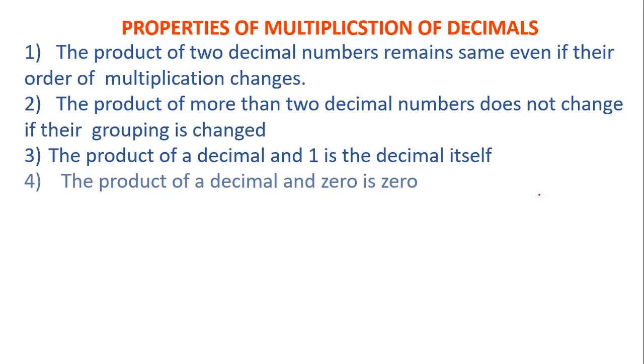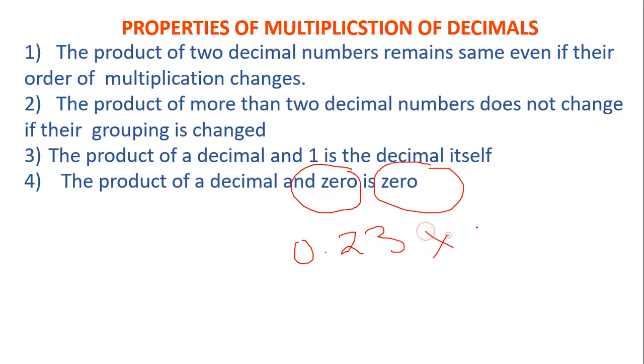Next, the product of decimal number and 0 is 0, which means when we multiply the number 0 with any decimal number, the product is also always 0. Example, 0.23 into 0 is equals to 0. This is the meaning of the fourth property.